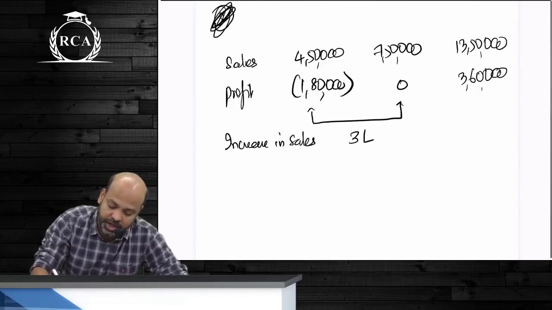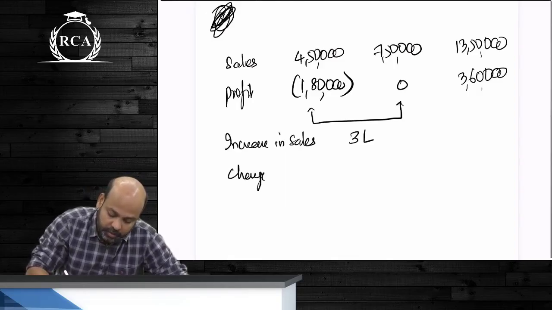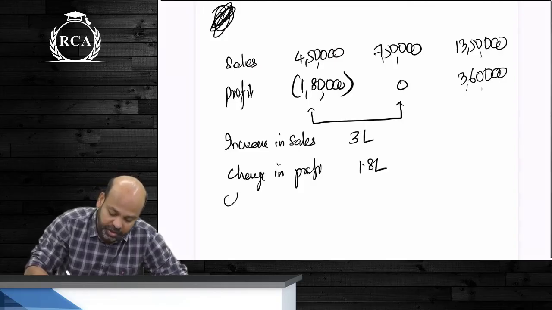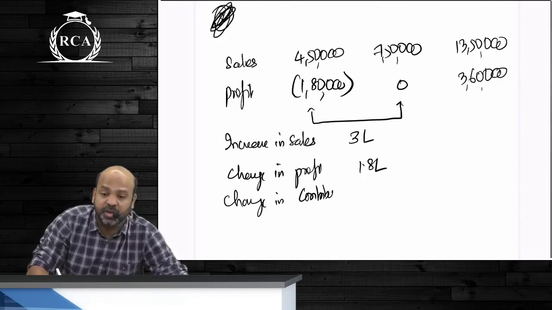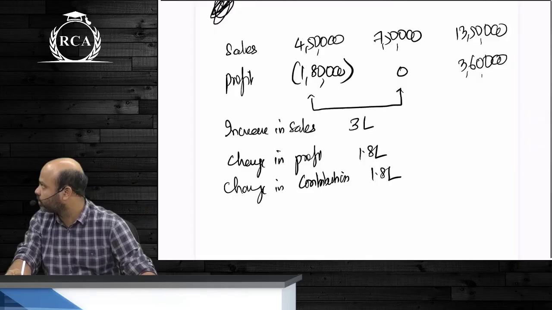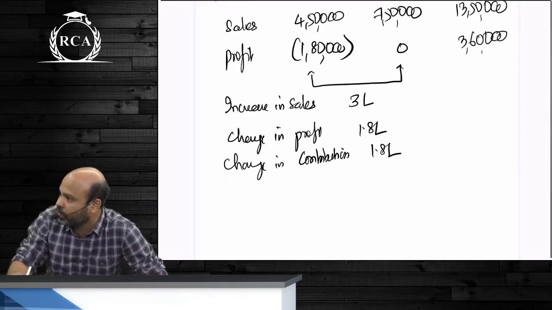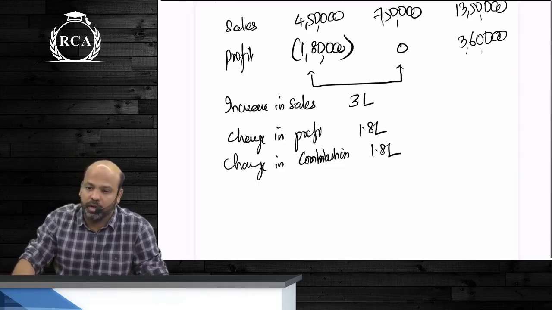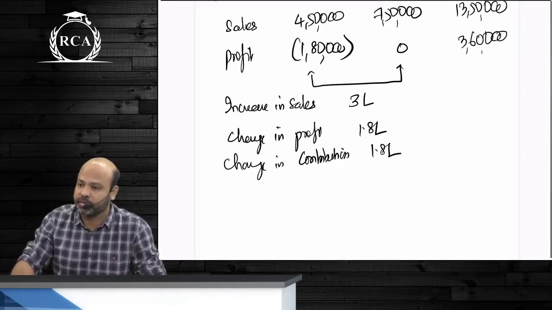What is the change in profit? My profit is increasing by 1,80,000. Isn't my change in contribution also 1,80,000? Obviously your profit will change by 1,80,000 only if your contribution is changing by 1,80,000. Is it making sense what I'm saying? Yes or no? Indirectly it means 1,80,000 is the contribution of a sale of 3 lakhs.